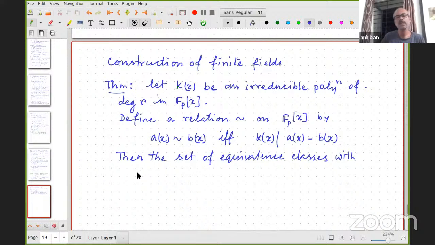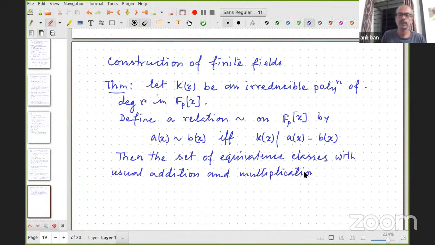So we just simply add polynomials and then read them modulo this k(x), with the usual addition and multiplication, forms a field of p to the r elements.